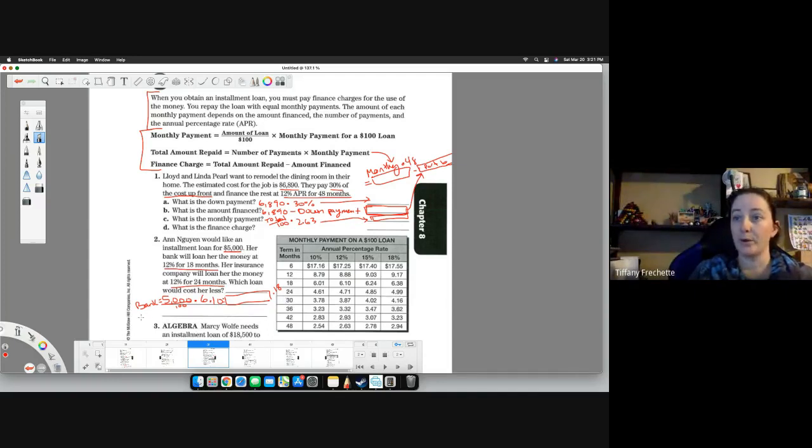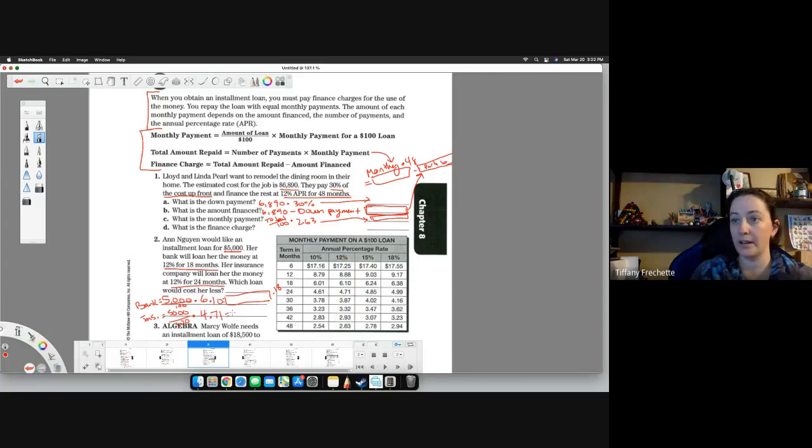So for her insurance, we still have our 5,000. We're still dividing by 100, but this time it's 12%, and they have 24 months. So here's where they crisscross. So we have 4.71.